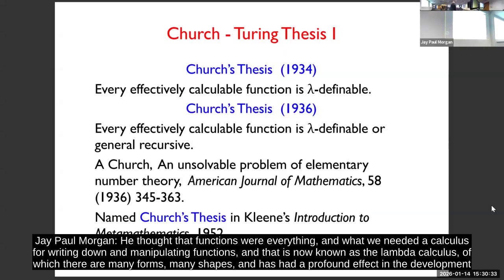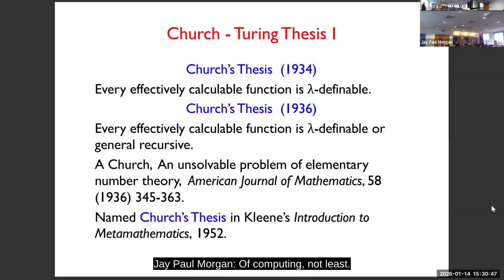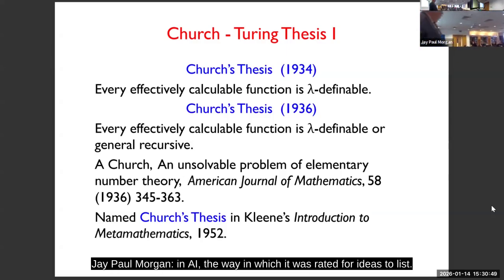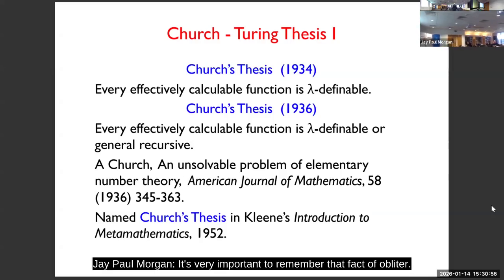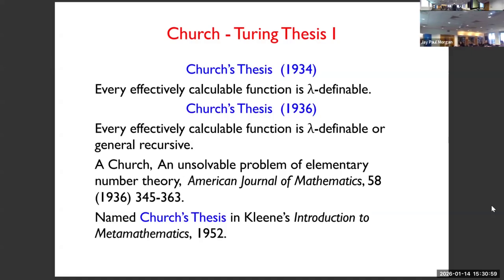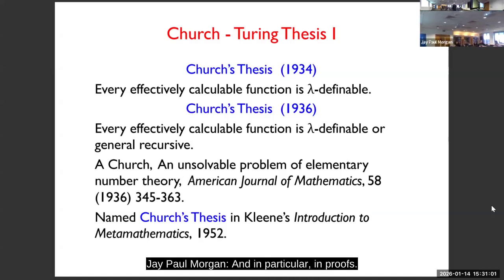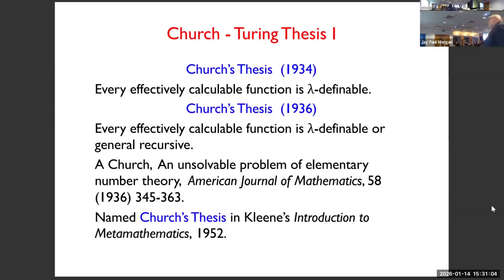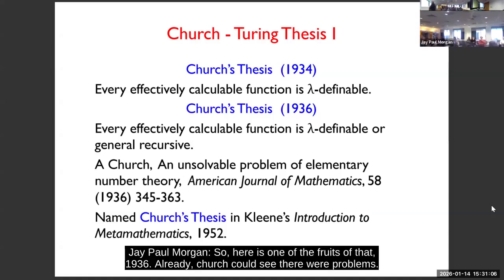He thought that functions were everything, and what we need is a calculus for writing down and manipulating functions, and that is now known as the lambda calculus, of which there are many forms, many shapes, and has had a profound effect in the development of computing, not least in AI, through the way in which it was raided for ideas for Lisp. It's very important to remember that fact about Lisp, and in particular in proofs.